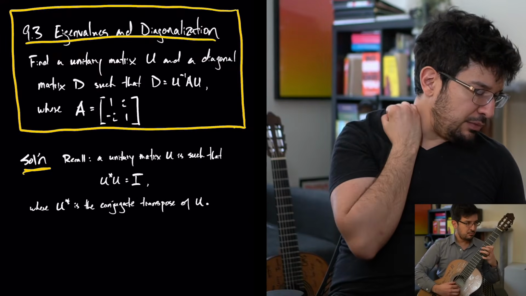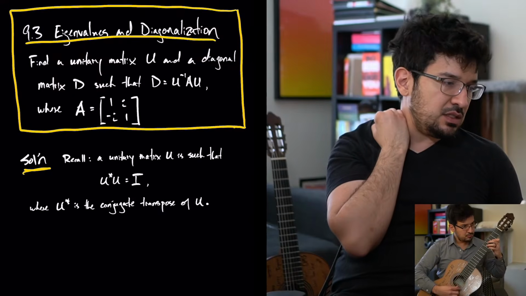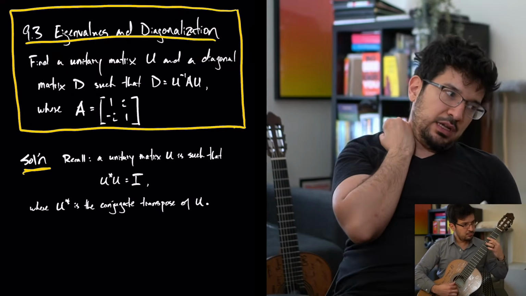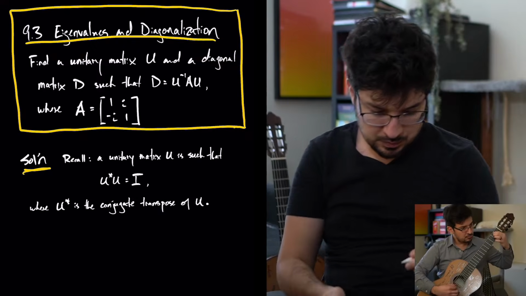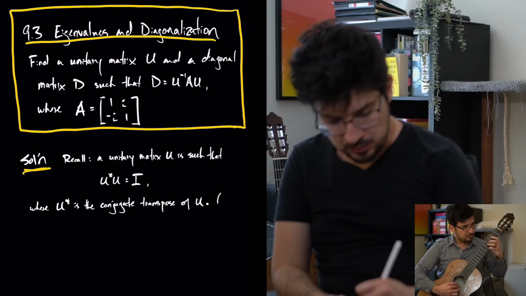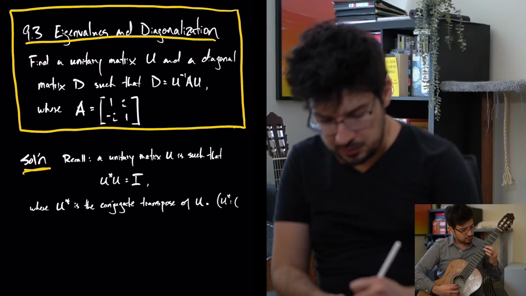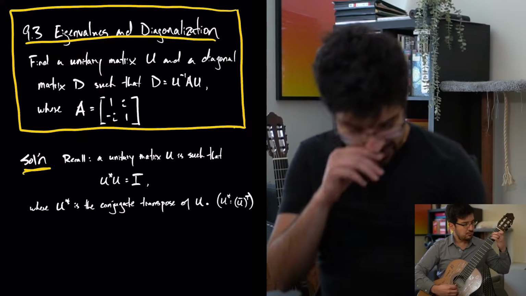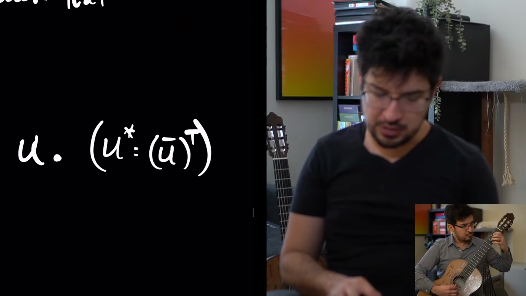The conjugate transpose of an m by n matrix A is the n by m matrix A star equals A conjugate transpose. And in symbols, we can write U conjugate transpose like this.